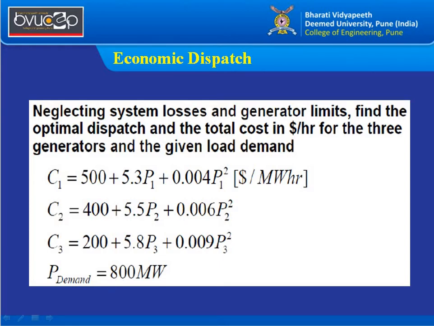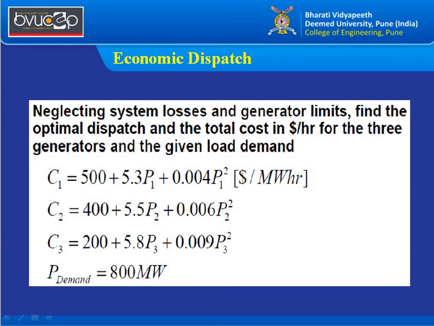The objective functions of the three generators are given in the form of quadratic equations. C1 equals 500 plus 5.3 P1 plus 0.004 P1 square. P1 is the real power term, and the unit of the objective function is dollars per hour, with power considered in megawatts.